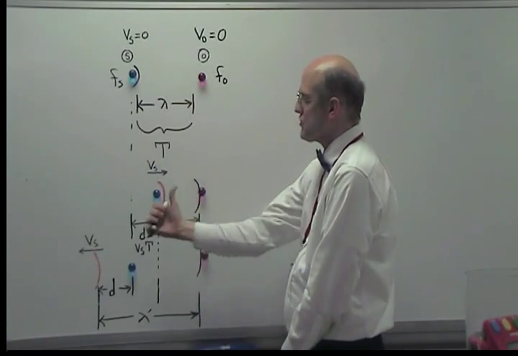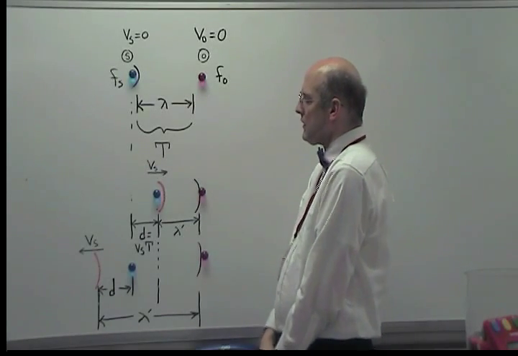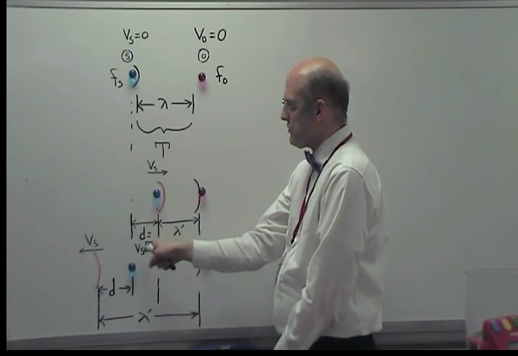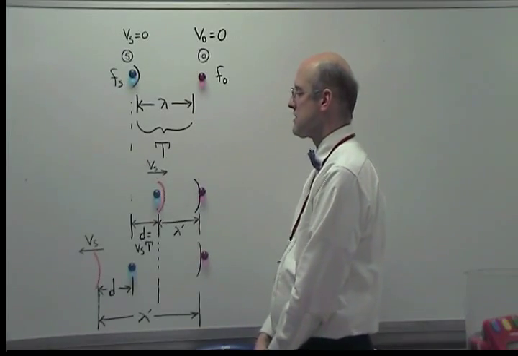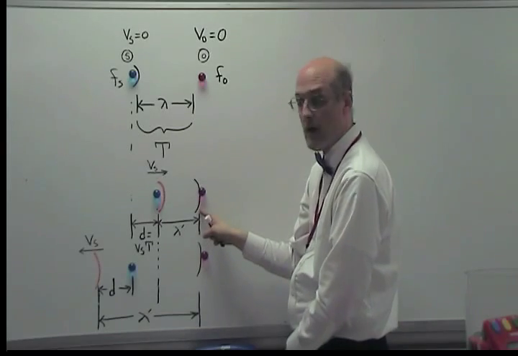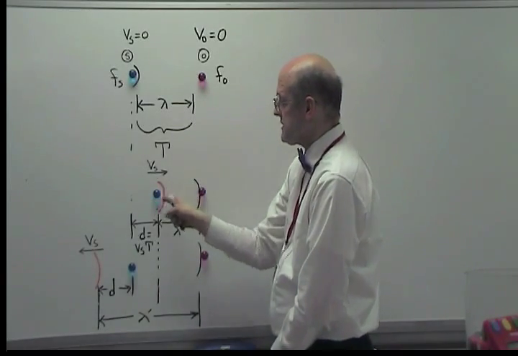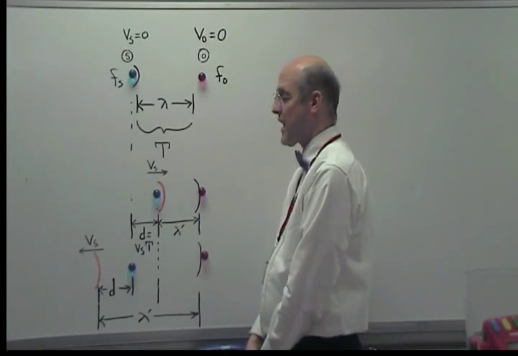Now let's say that the source is moving toward the observer, and let's say it travels a distance equal to d in a time tau. So in other words, in the time it takes this crest to reach the observer, the source travels a distance d, at which time it emits the next crest.